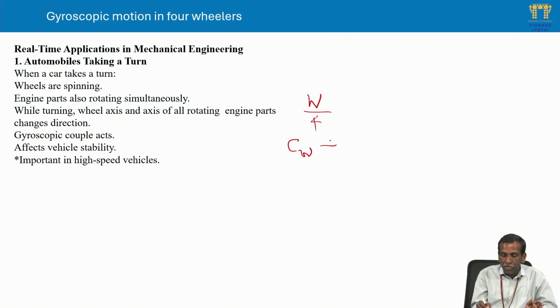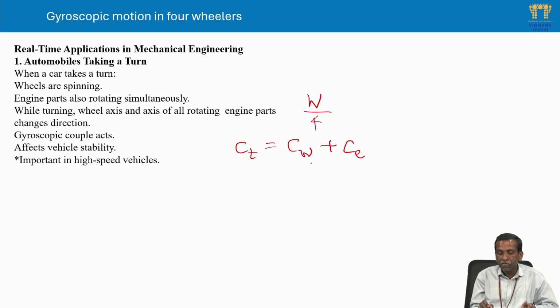Then because of the rotating engine parts, that axis is also going to be rotated because of the precession given about the perpendicular axis. That is CE, the gyroscopic action due to the axis of the engine parts, the rotating parts. So the total gyroscopic couple is, let us say, CT.